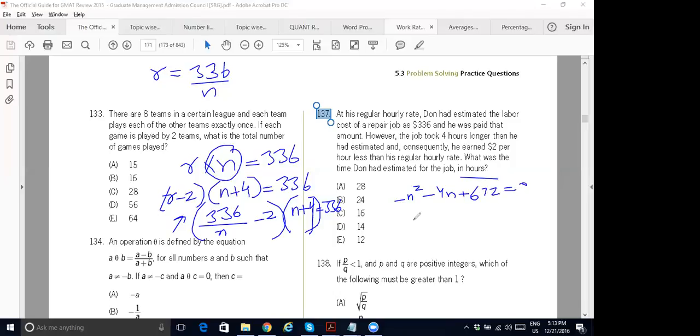So we can multiply this by negative 1. We will get N square plus 4N minus 672 is equal to 0.